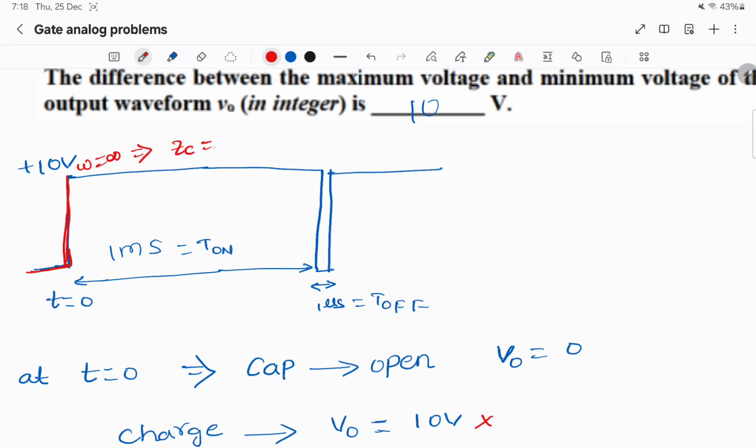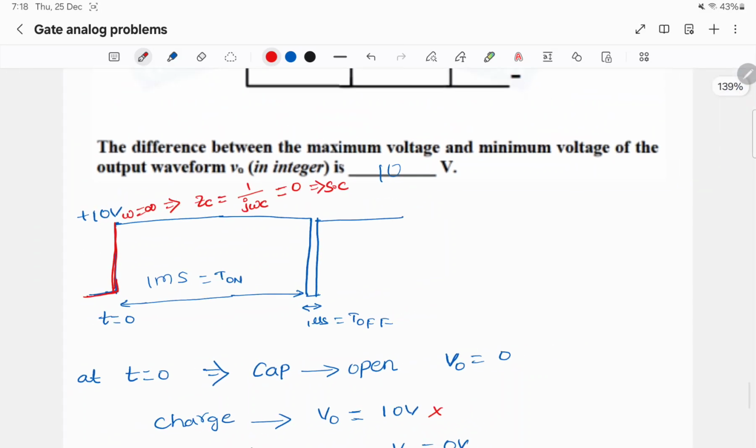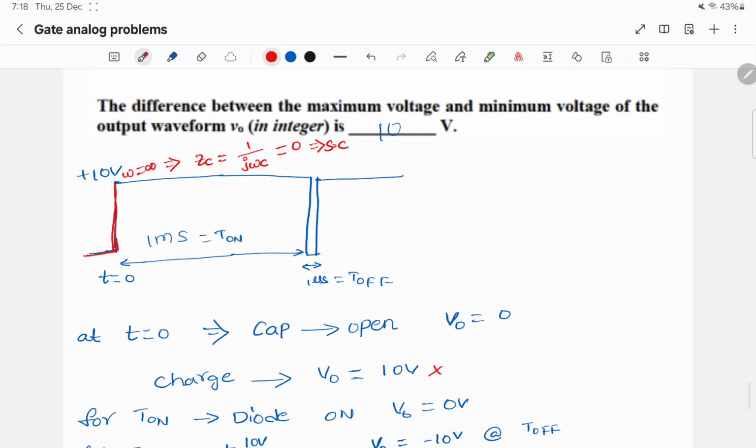So ZC is 1 by j omega C, the impedance of the capacitor. This will become 0. That means the capacitor will become a short circuit at t equals 0. So the equivalent circuit will become like this.